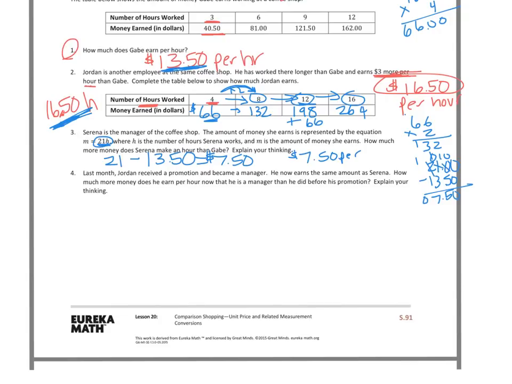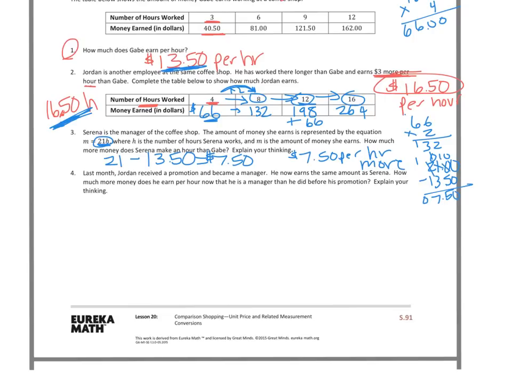Not $70, not $7.50 more. It's $7.50 per hour more. And that's important because if we just said that Serena makes $7.50 more, we don't know if that's total, like take home, when we compare paychecks, or if we're talking about per hour. So for every hour, Serena makes $7.50 more than Gabe, because she's a manager.